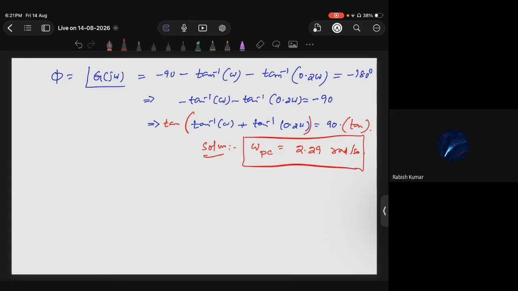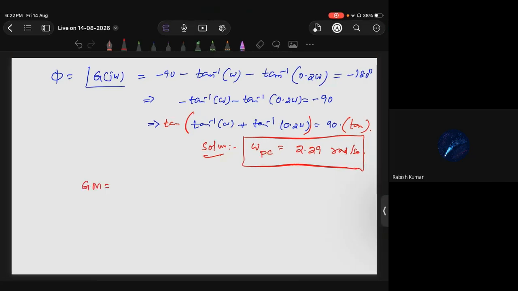You can get that from the phase plot also. If you plot the phase plot, you'll get the same equation. Now you can calculate the gain margin. How do you find the gain margin?